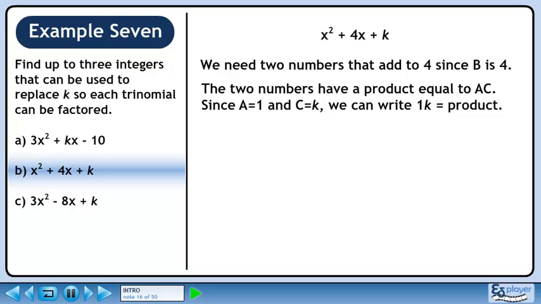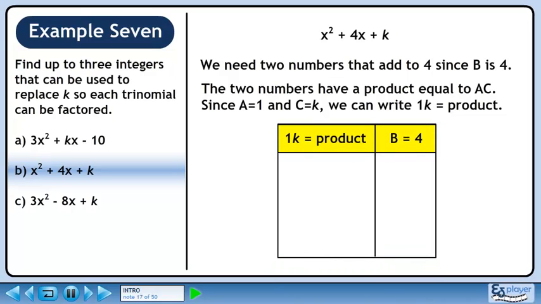Since a equals 1 and c equals k, we can write 1k equals product. Create a table. We need a product of 1k and a sum of 4. We'll approach this table a little differently than other tables we've seen. We'll find two numbers that add to 4 and put them in the B column.